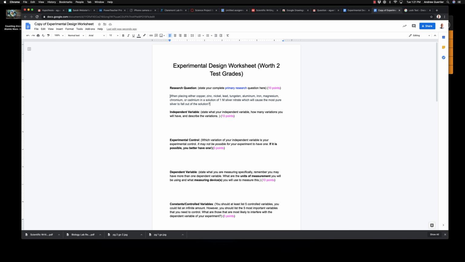So I've stated that when I'm placing either copper, zinc, nickel, lead, tungsten, aluminum, iron, magnesium, chromium, or cadmium, wow, look at how specific my question is. Those are all of the pieces of my independent variable there. When I place those in a solution, which is a mixture of substances, this means 1 molar.